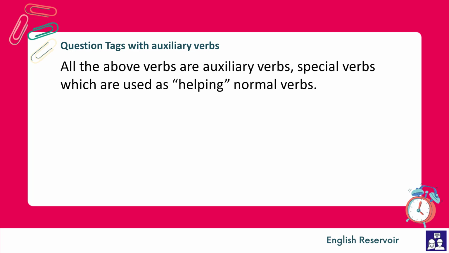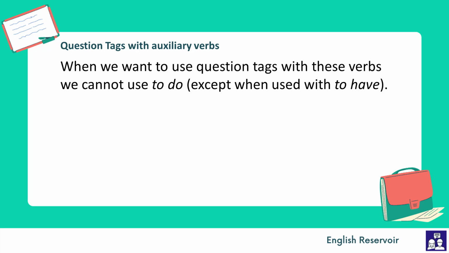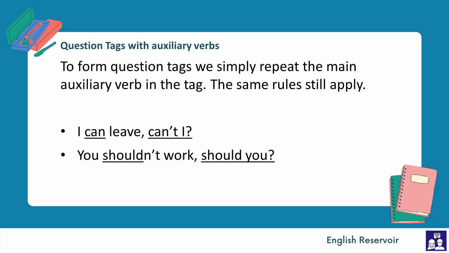All the above verbs are auxiliary verbs, special verbs which are used as helping normal verbs. When we want to use question tags with these verbs, we cannot use to do, except when used with to have. To form question tags, we simply repeat the main auxiliary verb in the tag. The same rules still apply.